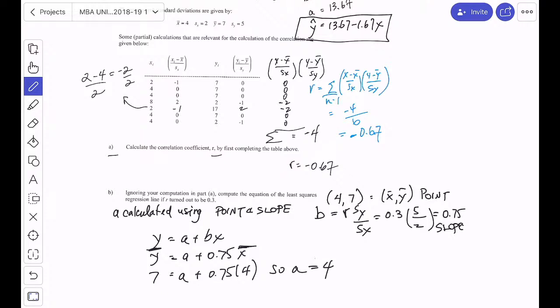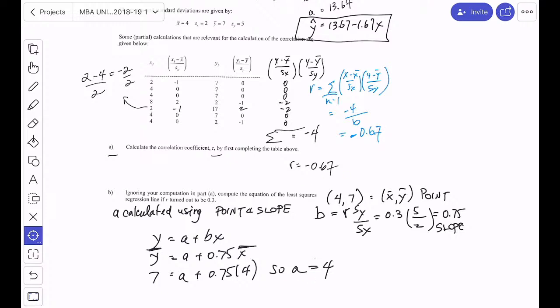So this took some algebra. It takes your understanding of correlation and a line. So there's a lot of elements here. It's a very simple problem, but it puts everything in one, making you calculate these missing values so you know how to get them, and then calculating the R, then ignoring it and getting the line.